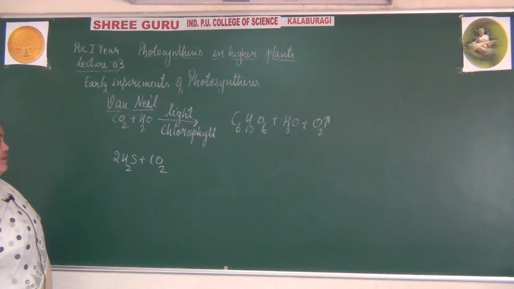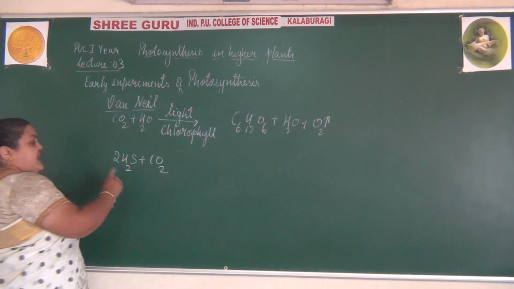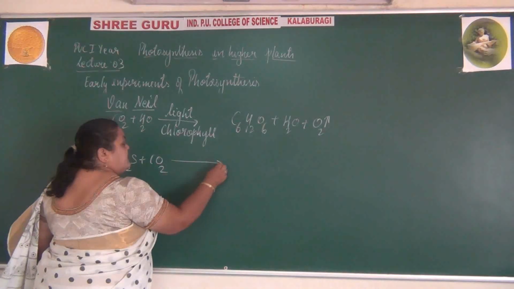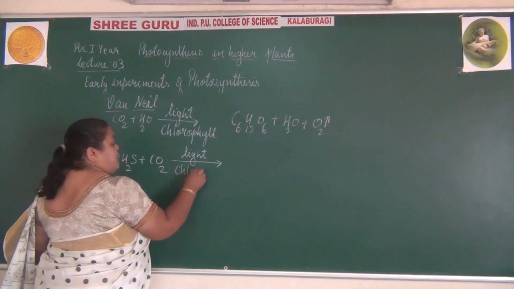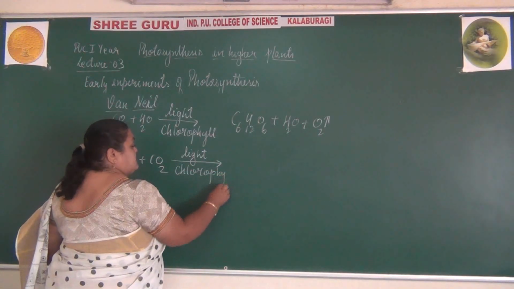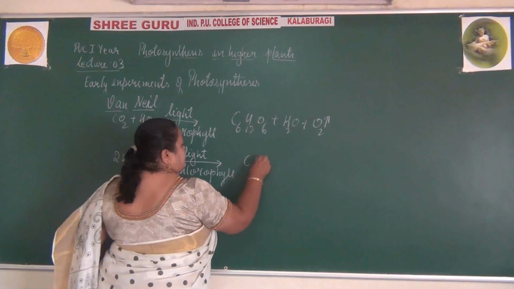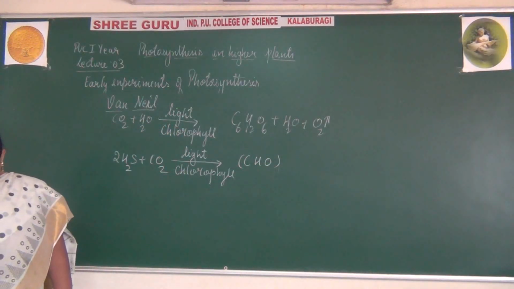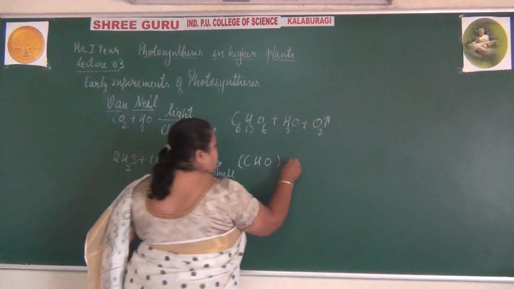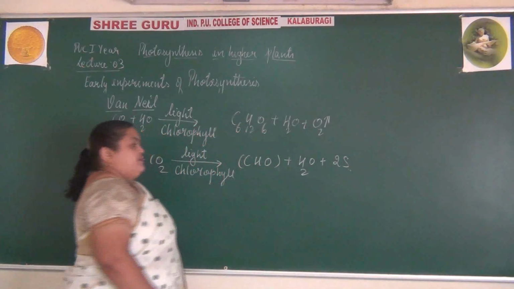The blue purple bacteria were being experimented using hydrogen sulfide and carbon dioxide in the presence of light, and they have their own chlorophyll pigment, so that there was production of a carbohydrate. He observed that there was production of a carbohydrate with the release of water and sulfur.